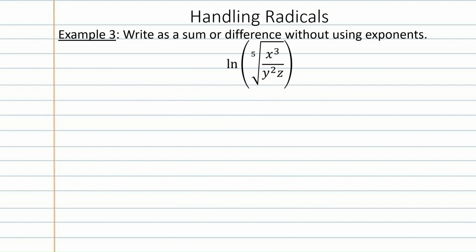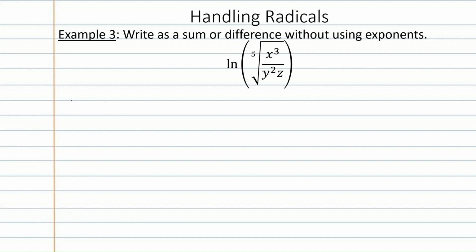Now let's look at handling the radicals here. So we had a fractional exponent in the last one, but let's look at the radical itself. It says write as a sum or difference without using exponents. Here we have the natural log of the 5th root of x to the 3rd over y squared z.